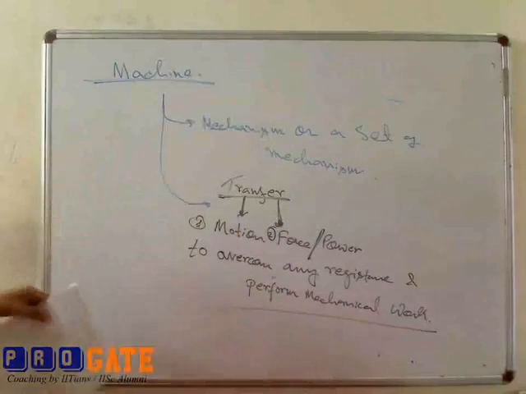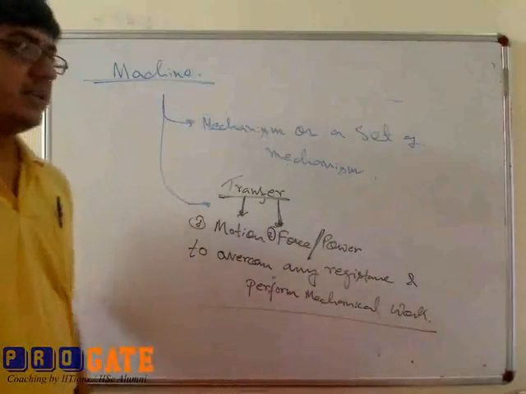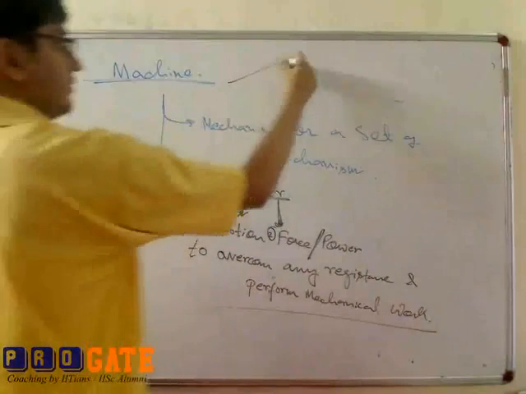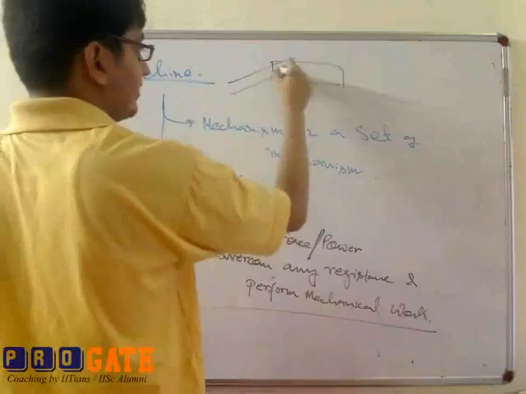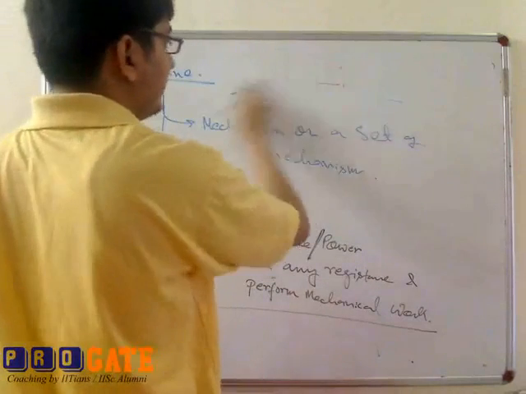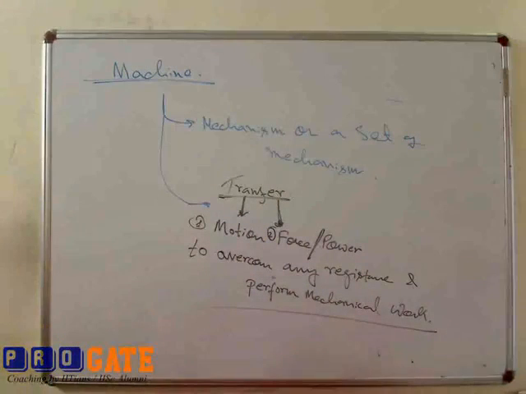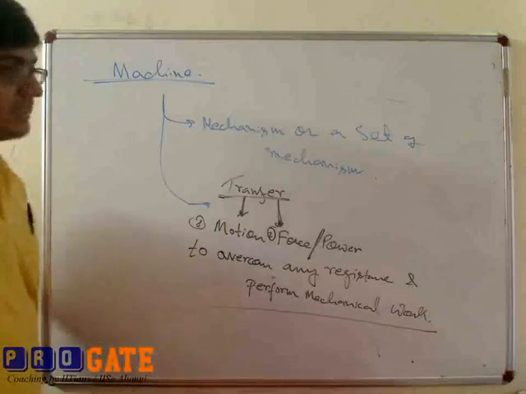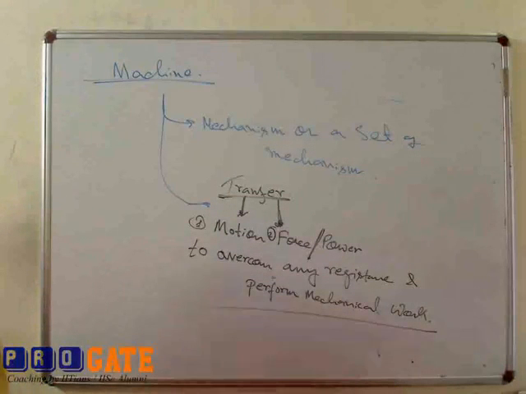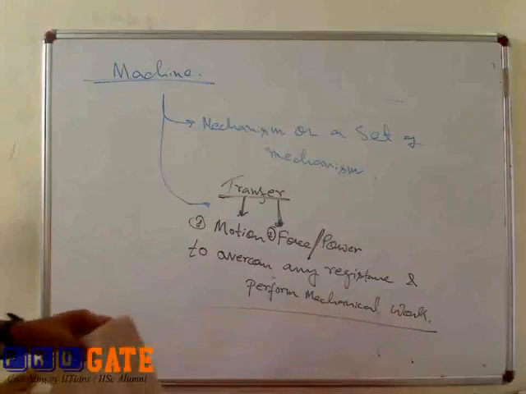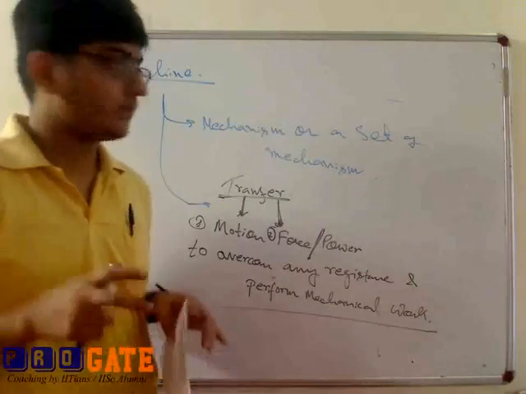So at first we discussed what a link is. If 2 or 3 links are joined, it creates a kinematic chain, and if you fix one link of the kinematic chain, then it becomes a mechanism. In a mechanism we only consider the motion, not the force.